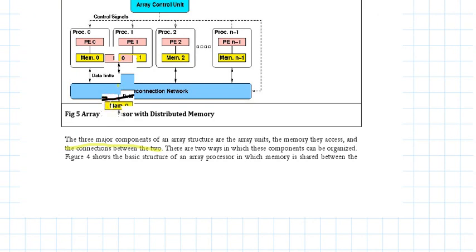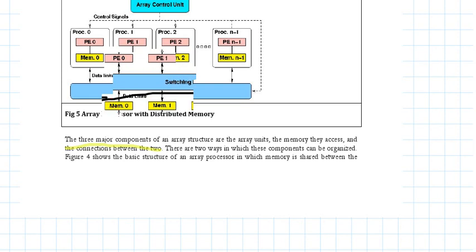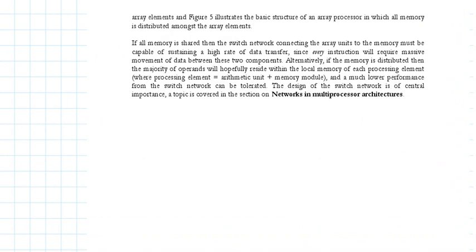Just after a few moments, say processing element 1 makes a request for the contents of memory 0. So in this case, what will happen? There will be extra load on this data link which connects mem0 to the switching network. In that case, the data transfer rate will be very high, and that data link must be capable of transferring data at a high rate. Otherwise, the computational task cannot be sustained.